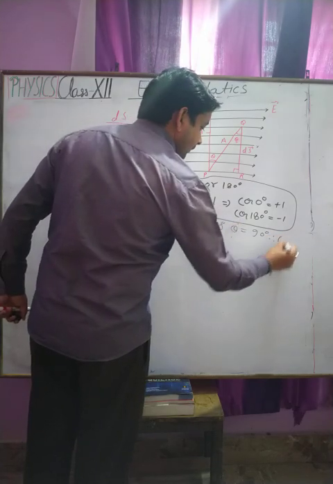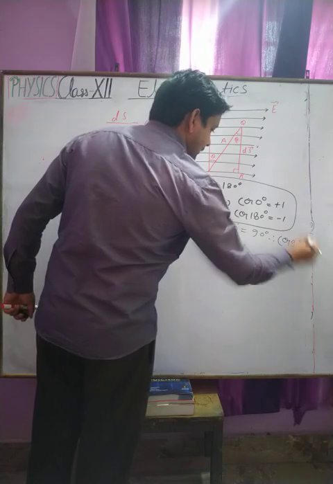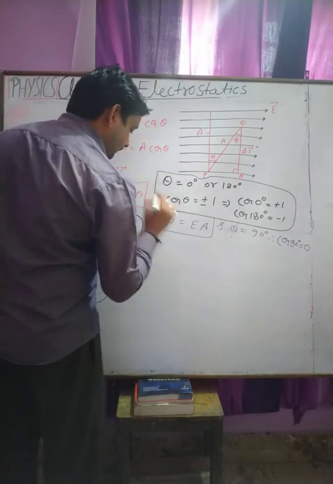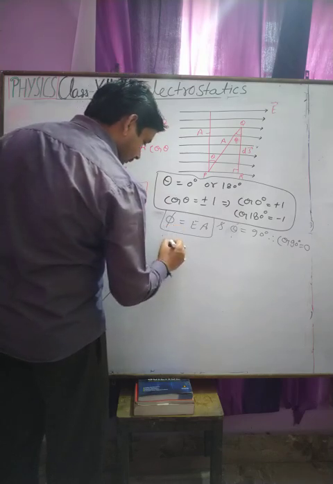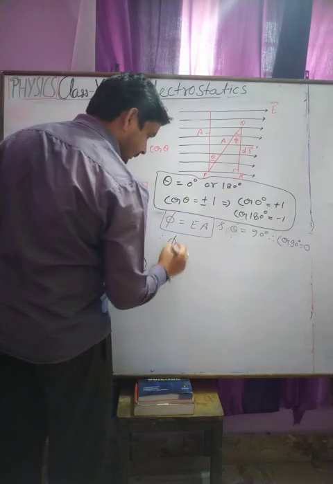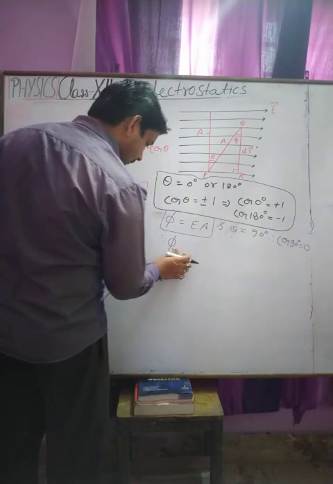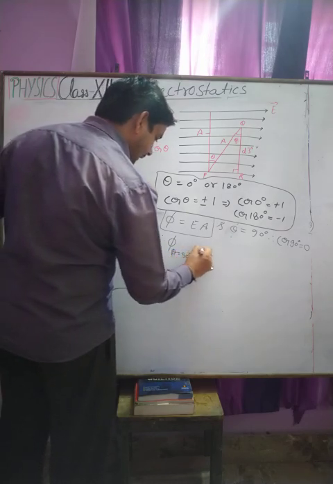Therefore, cos 90 degree is 0. Therefore, flux normal to the surface, flux for theta 90 degree, is 0.